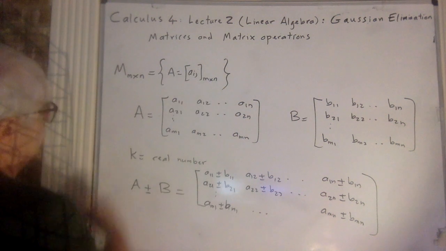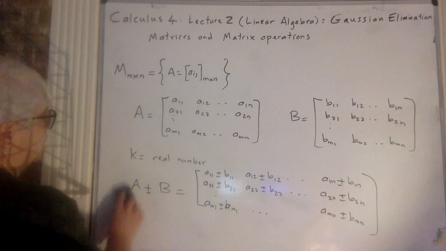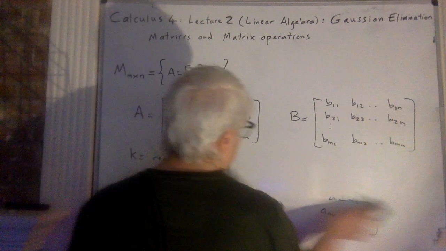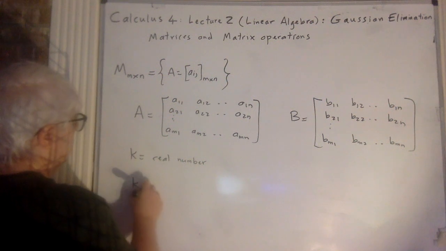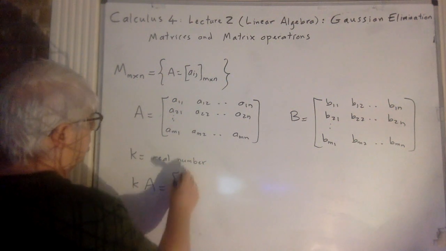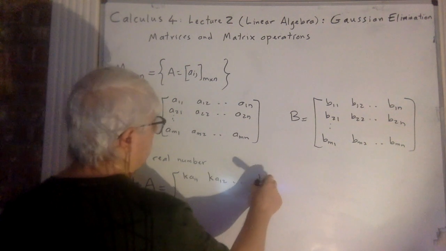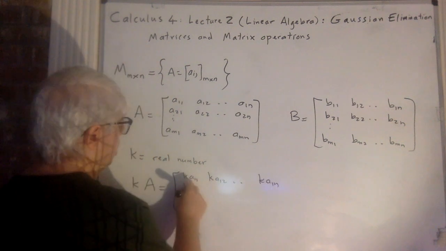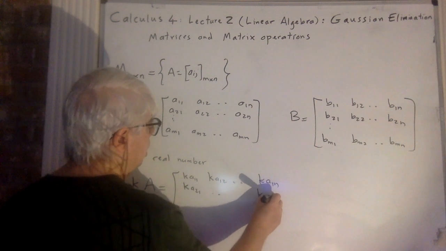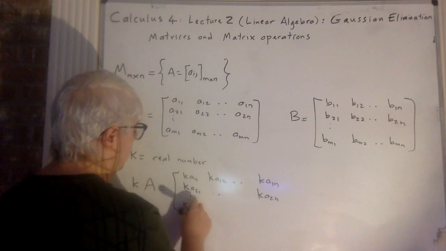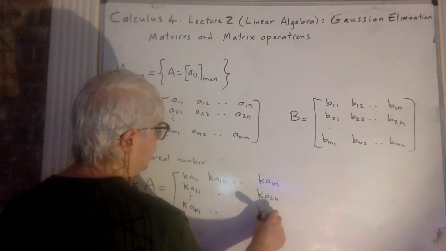Now, how do I multiply this A by this k? You can guess what happens here. So k times A is simply k a11, k a12, k a1n, k a21, k a2n, and up to k am1, k amn.